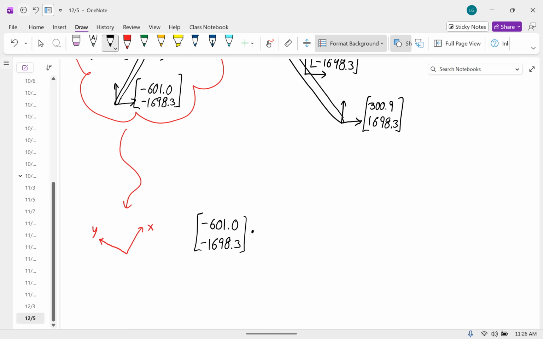So using our old coordinates, this would be 0.174, 0.985. That's a unit vector in the direction of the positive x-axis.